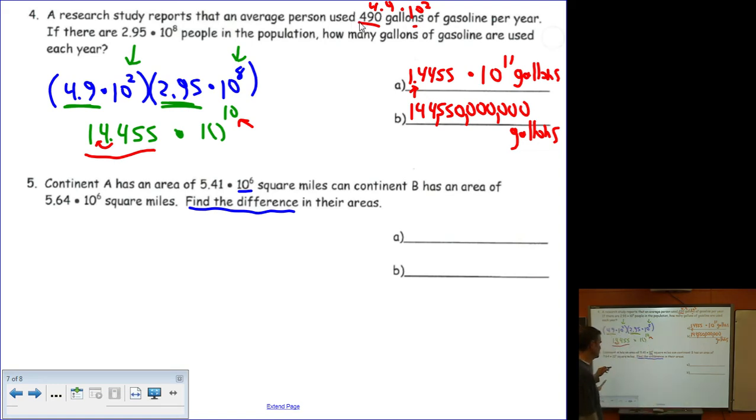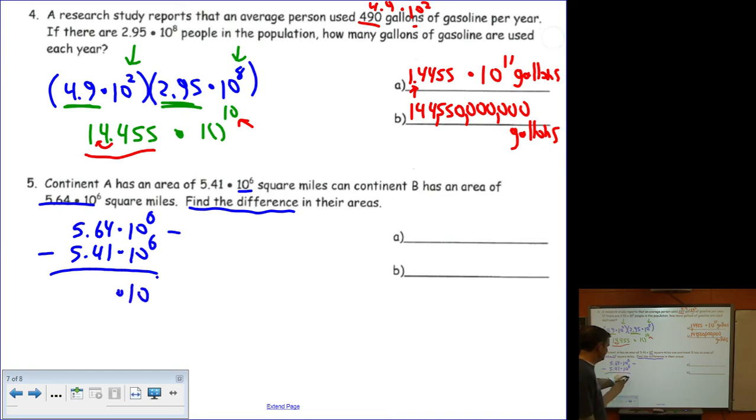So I'm going to subtract the bigger one. That'd be that one. Minus, I'm going to put it underneath, the smaller one. And when I subtract, the exponent stays the same.